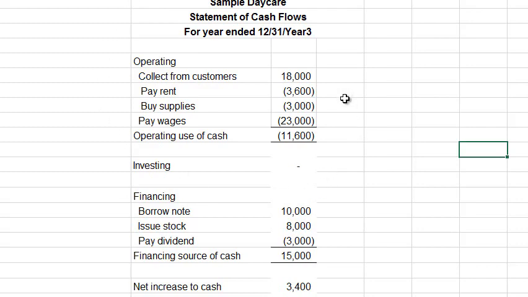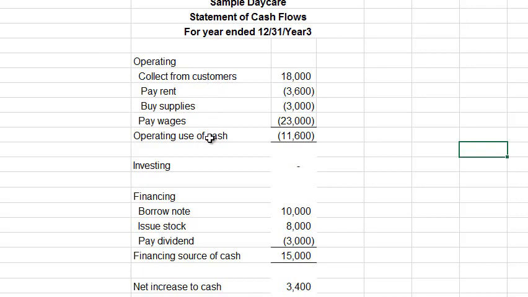You'll know you're looking at an indirect method statement of cash flows when the operating section has a first line that says net income. Under the indirect method, companies compute operating cash flows by starting with net income and then doing a series of adjustments.